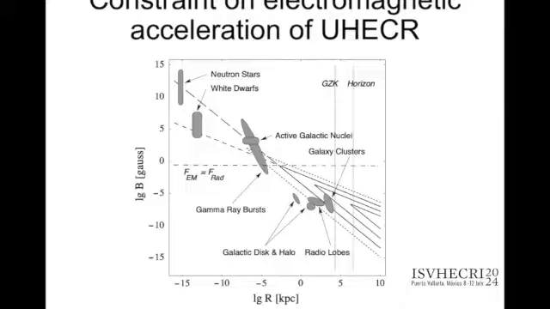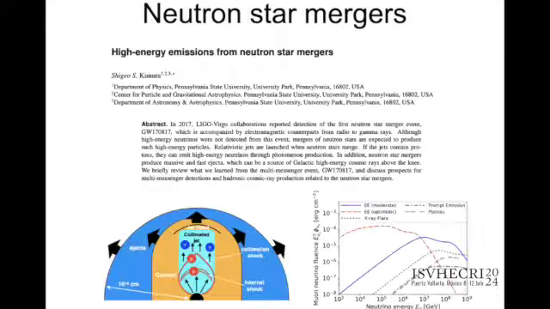So this defines some sort of horizon. There are limitations. That also points out that perhaps these particles either are some kind of relic of dark matter, or they are produced in a different way nearby.